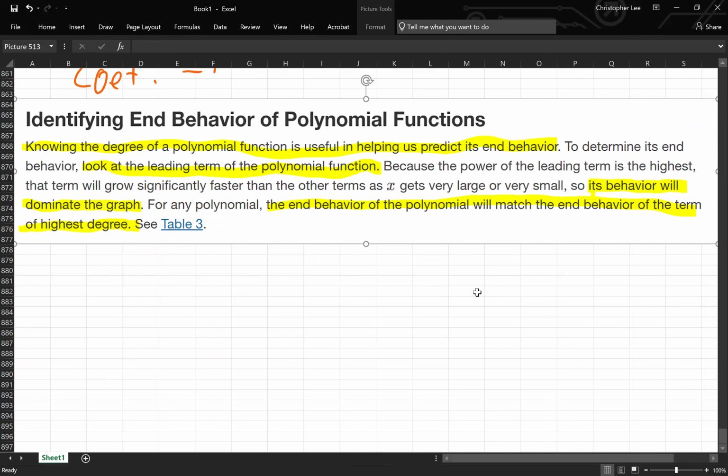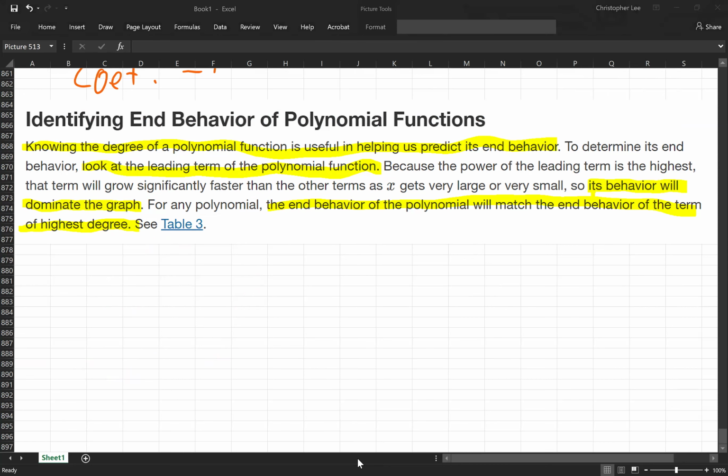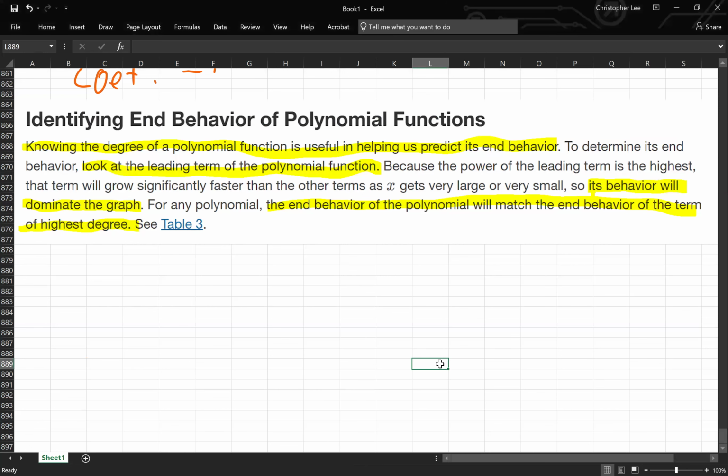So now we're going to be identifying end behavior of polynomial functions. Knowing the degree of a polynomial function is useful in helping us predict its end behavior.